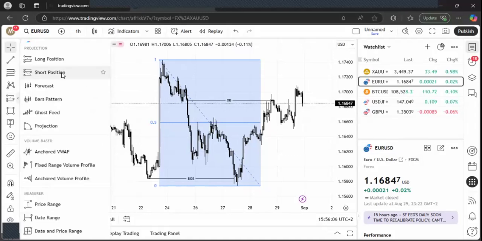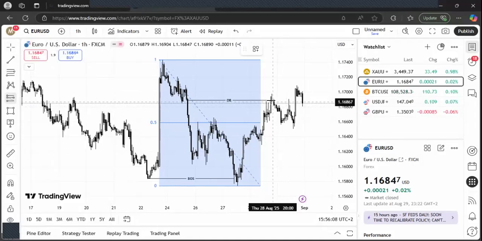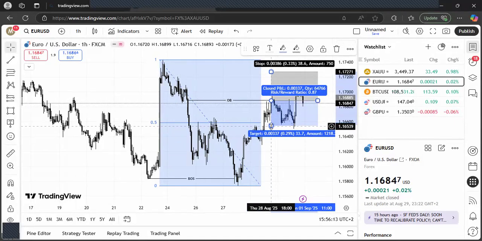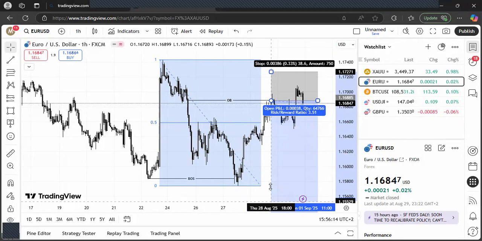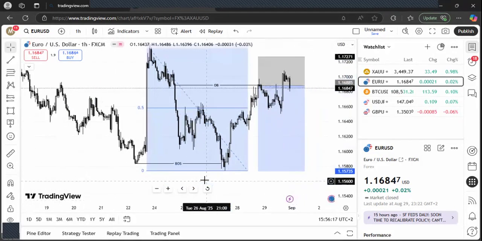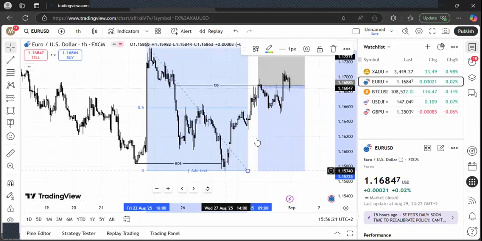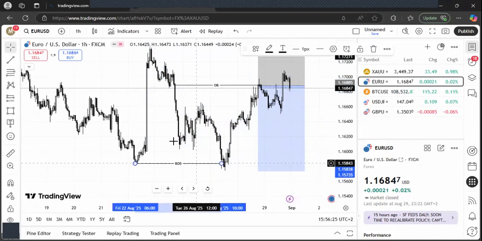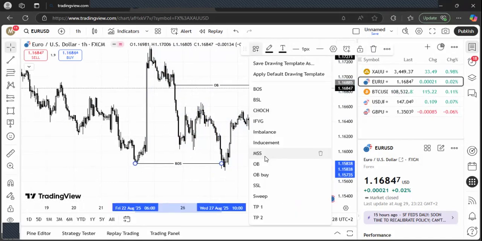So I'm just gonna show you how a normal person would catch this entry. And then you go down here and then you target that. Normally this is how I would catch the entry, but at the moment I have no clue where it's going because this might actually be an inducement for all I know.